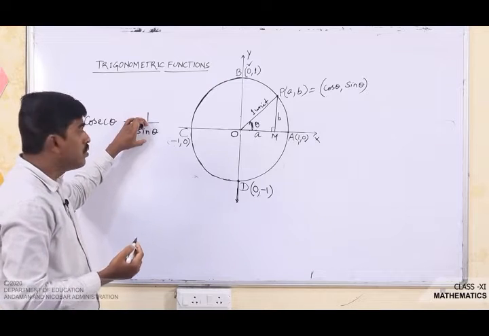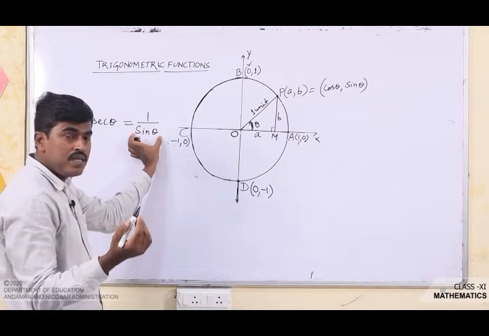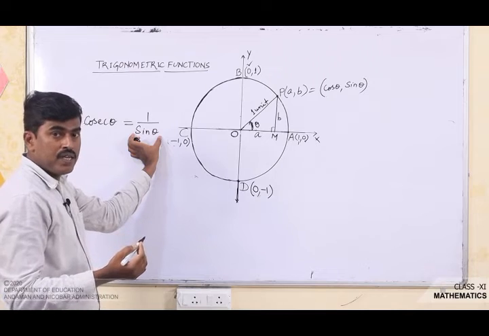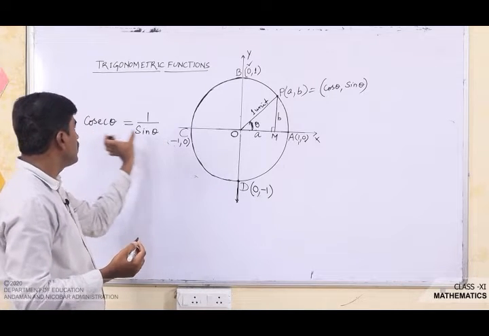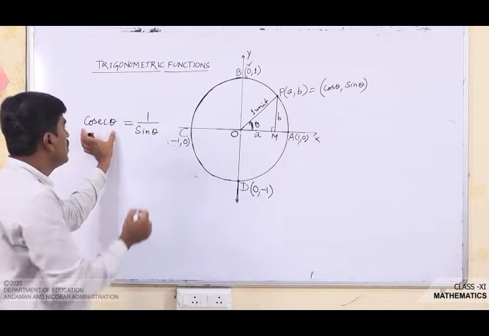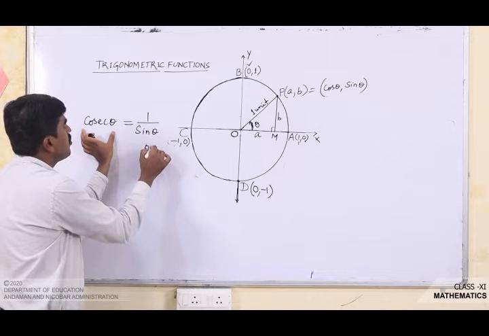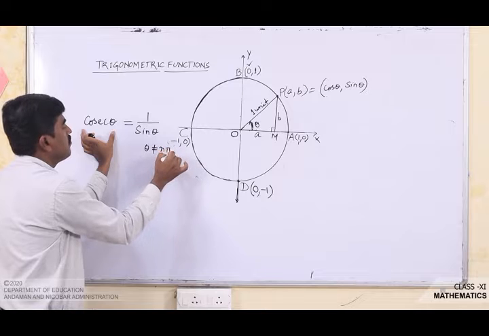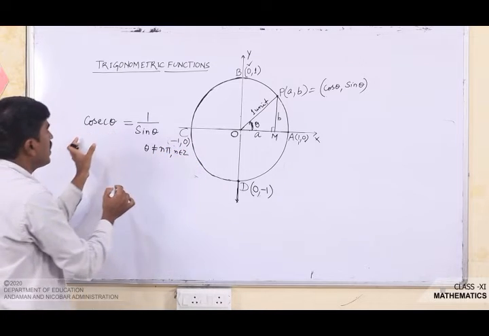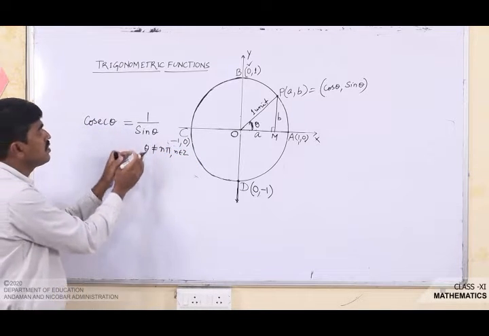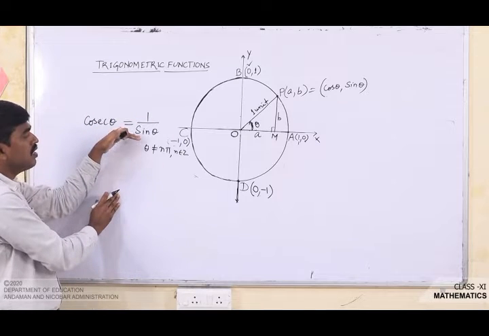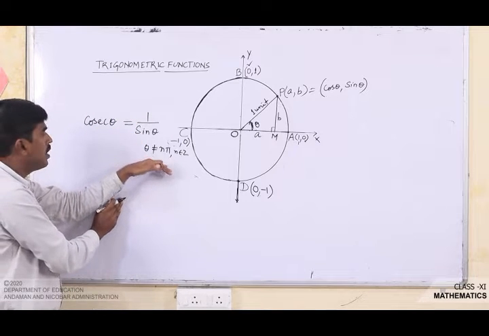Just now I told you sin theta will be 0 if theta is equal to n pi. So whenever sin theta is 0, cosec theta will not be defined. So here we have to give one condition that theta should not be equal to n pi for n belongs to Z. Cosec theta is equal to 1 by sin theta, where theta is not equal to n pi.